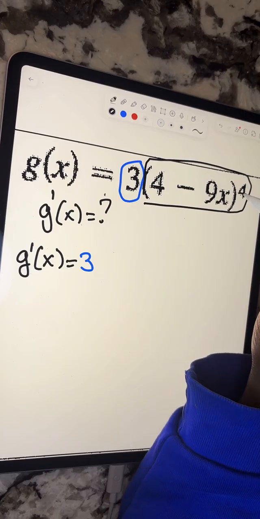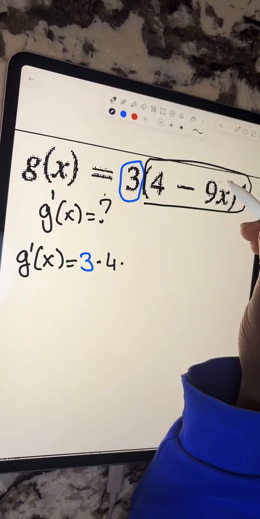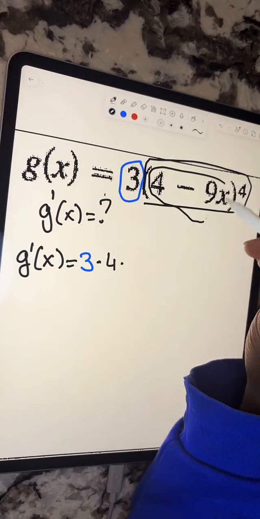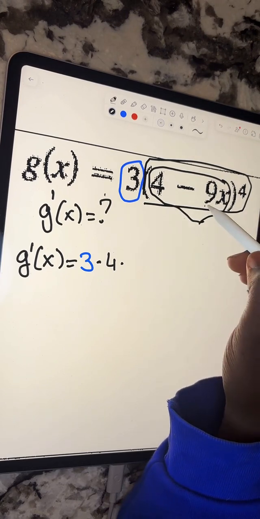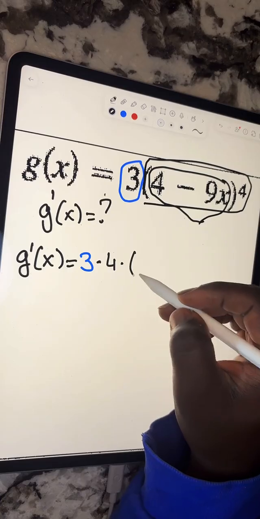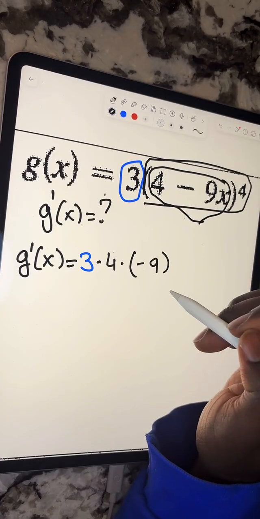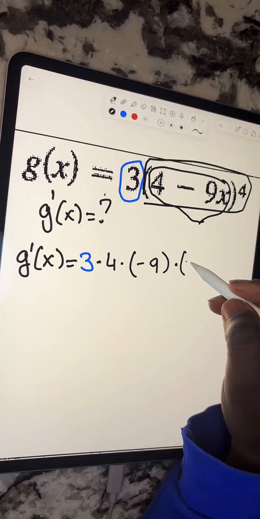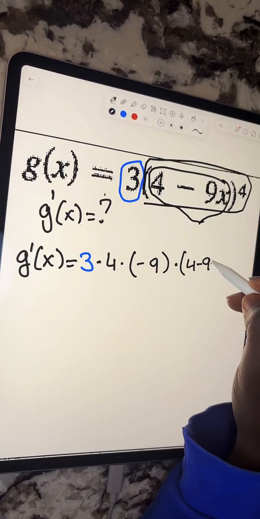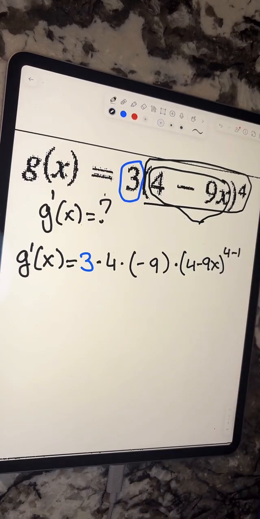We're going to bring down the 4, so that'll be times 4 times the derivative of 4 minus 9x. The derivative of 4 is 0. The derivative of negative 9x will be negative 9. I put parentheses so I'm not confused whether I'm subtracting or multiplying. And then times the function itself, 4 minus 9x to the power of 4 minus 1. Are we all on the same page, guys?